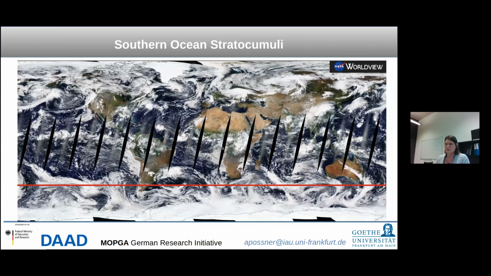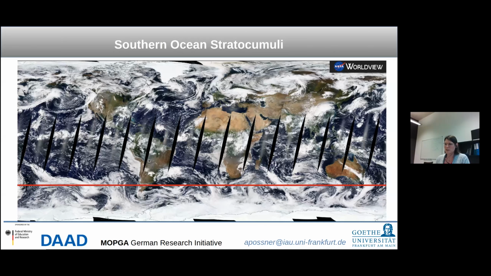And this is particularly strong in clouds that are close to the surface, because in the long wave spectrum, they radiate thermal radiation at a very similar temperature to the underlying surface. So they have almost no long wave effect, but a very strong shortwave impact, and thus contribute to cooling our planet.